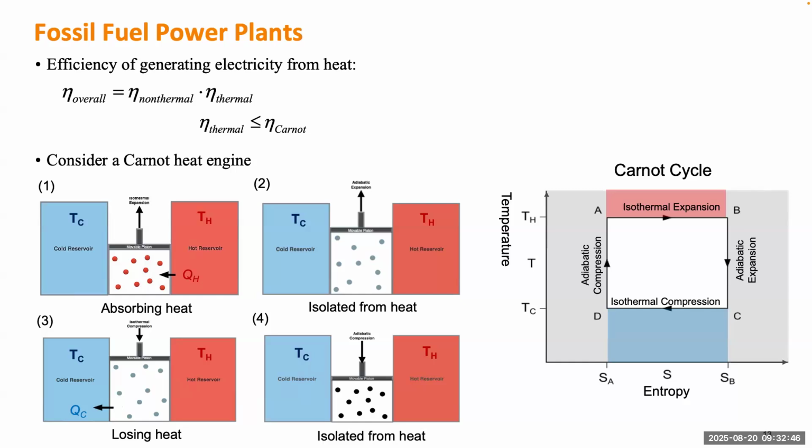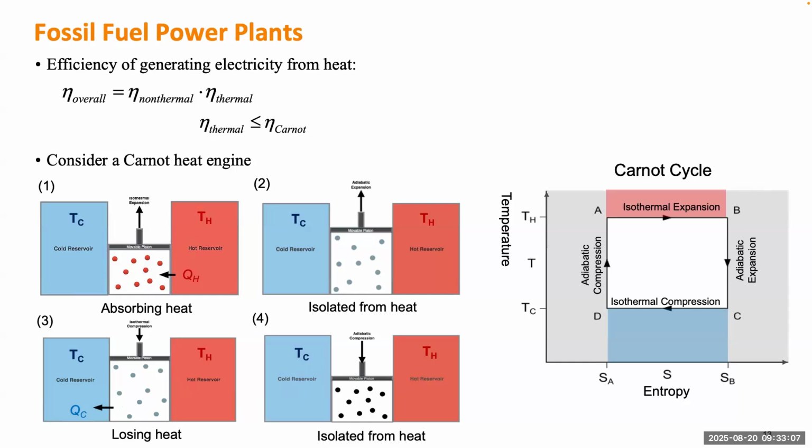And the next step, I isolate from both reservoirs, and entropy will remain the same because the tank is isolated. So the temperature will decrease. Then similarly, the third step, it will decrease entropy but remain the temperature the same. And last step, it will increase temperature.